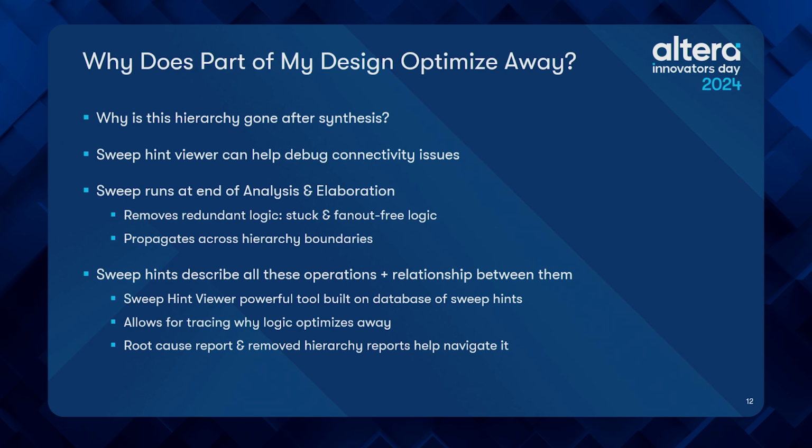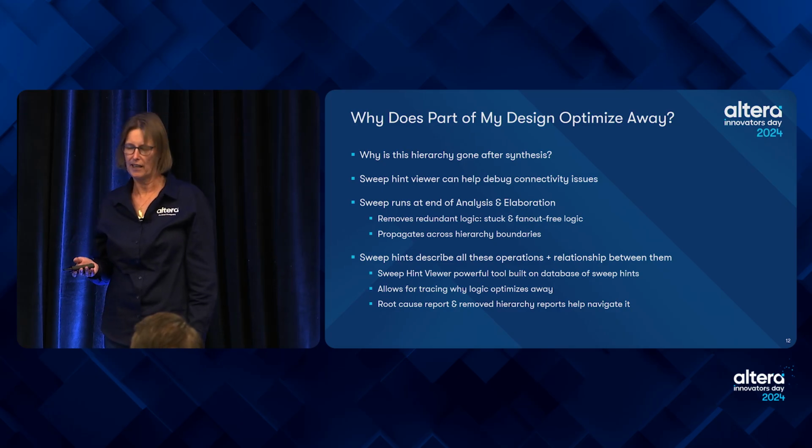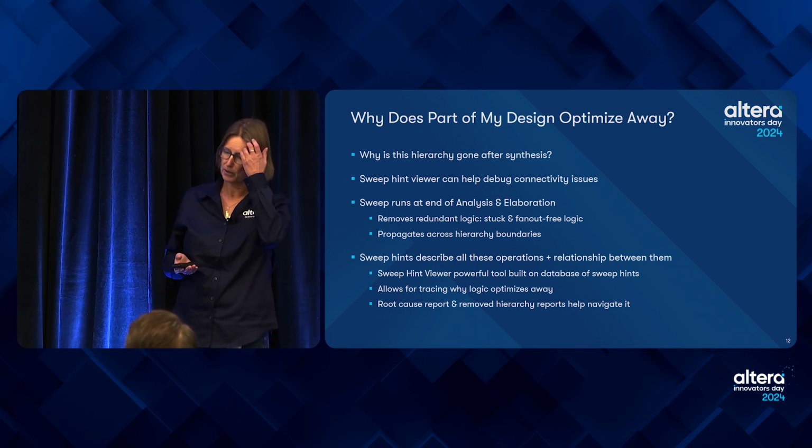Another tool that we built on top of the RTL analyzer is the sweep hints viewer. In the synthesis team, we get a lot of questions from people who wrote a design and ran synthesis, and a big portion of the design optimized away, and they don't really understand what's going on. It all looked right when they looked at it, but they can't figure out what caused it to optimize away.